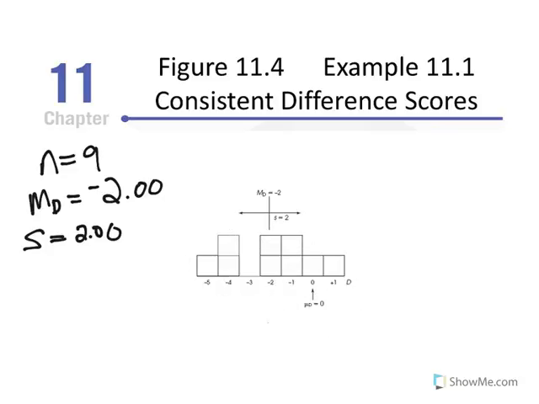The sample mean M_D is located 1 standard deviation unit below 0. We had calculated the standard deviation, s, equal to 2, right? So given that this is M_D, from here to here is 1 standard deviation unit.